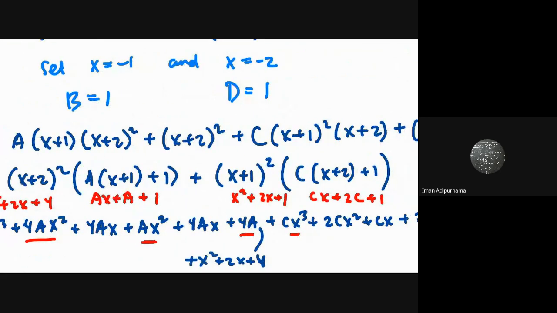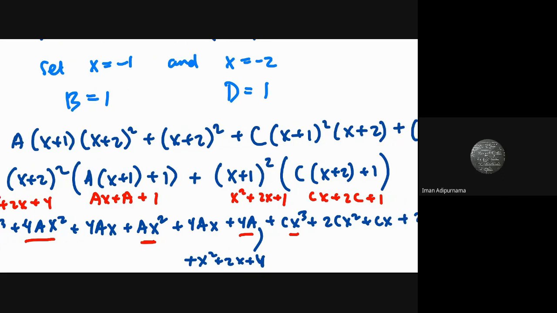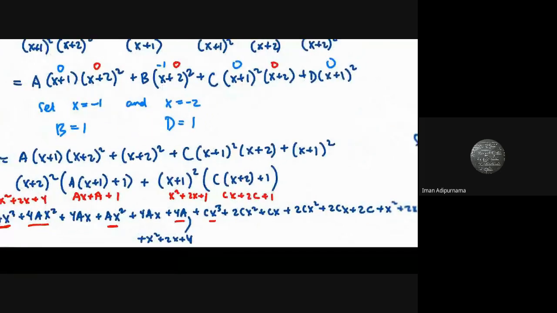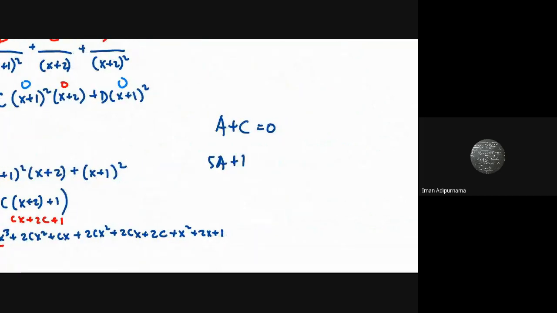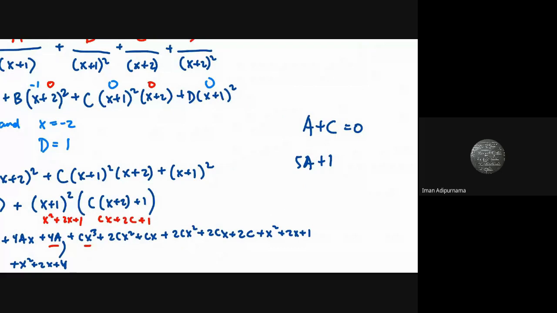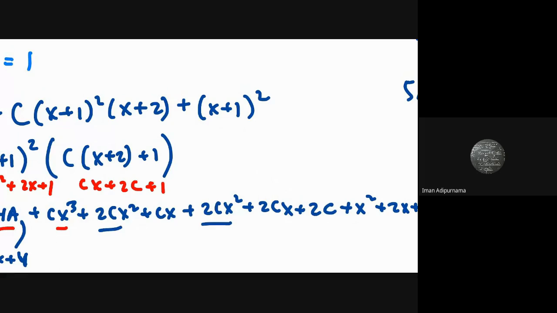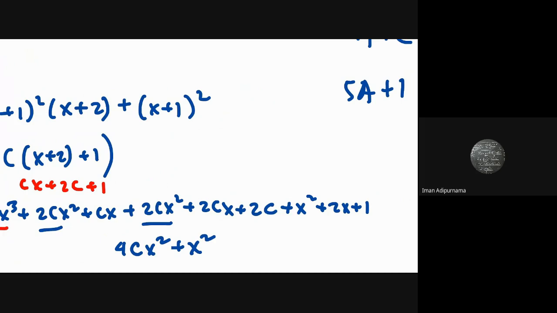4A. Okay, 5A plus 1, right? 5A plus 1. And then the C will be 4cx squared plus x squared. So this will be 4C plus 1.